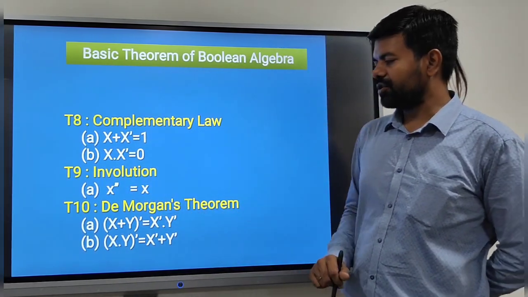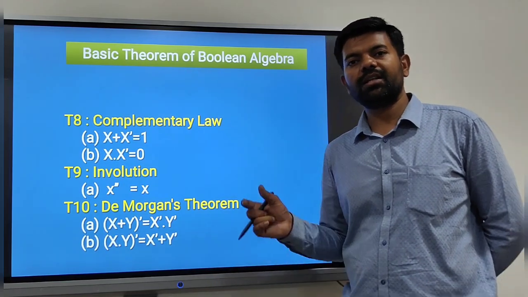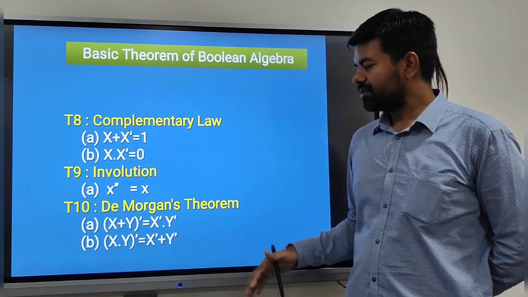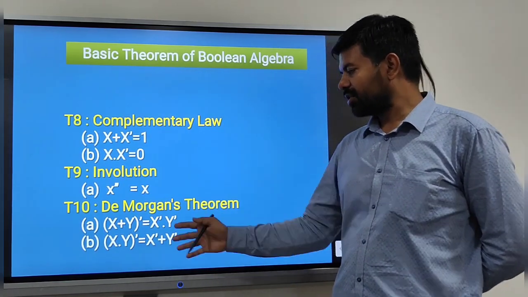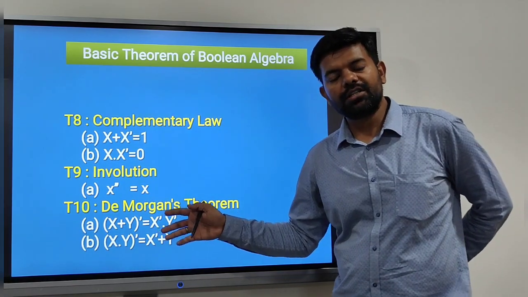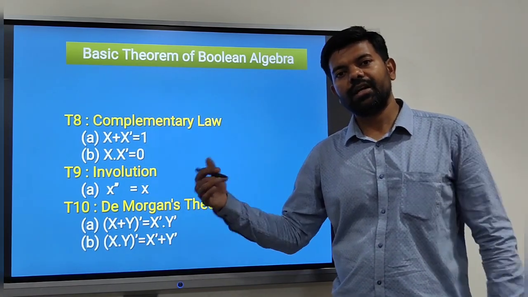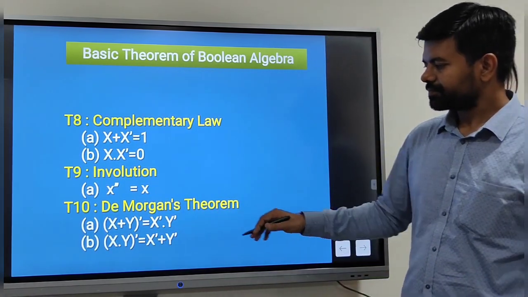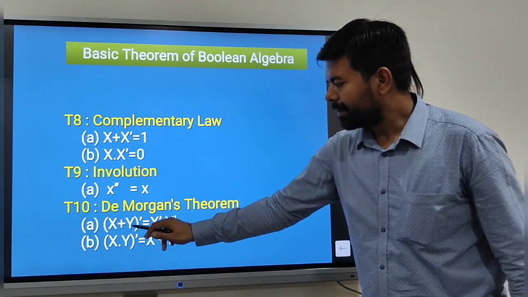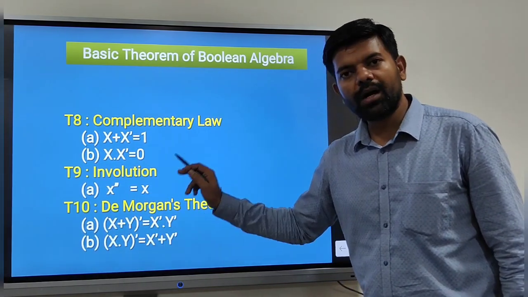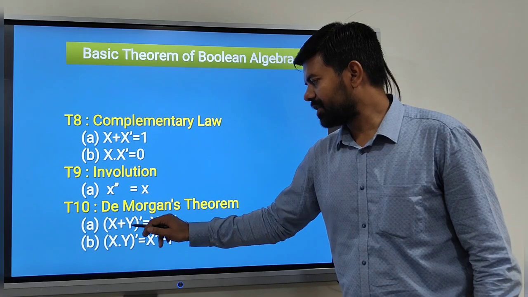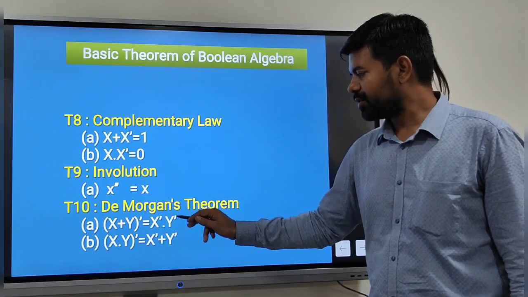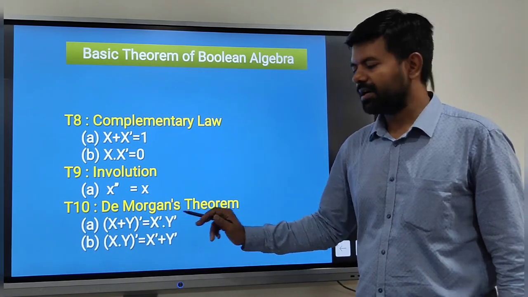Now De Morgan's theorem. This is the most important theorem in Boolean algebra, so we will describe this theorem in detail in the next slides. (x plus y) whole bar equals x bar dot y bar.